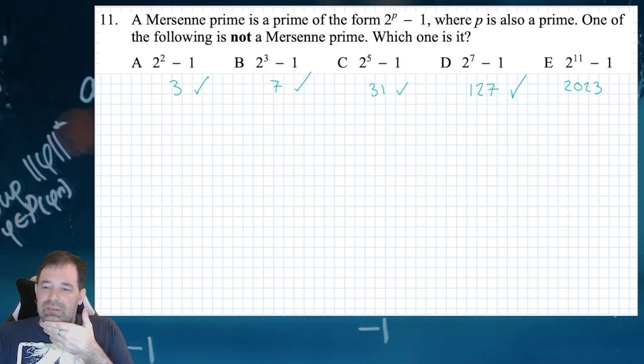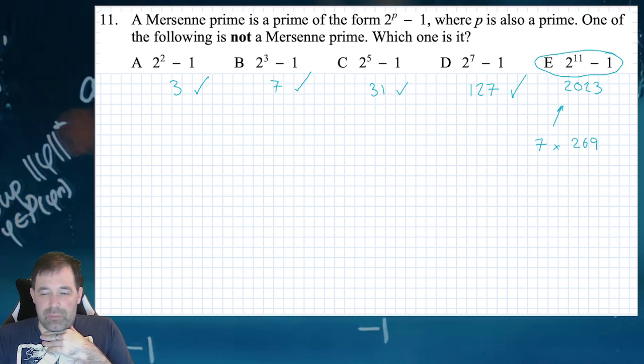Does it go into 7? 2, 6, 8, 6. Yeah, it divides by 7, so that will be 7 times 269, I think, which is not prime, so that's our answer.